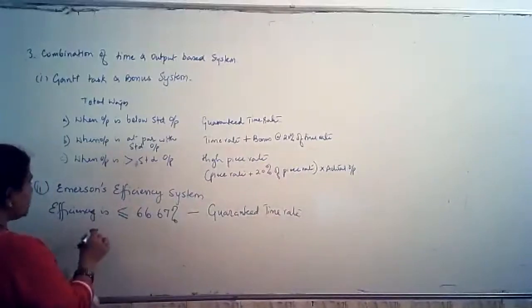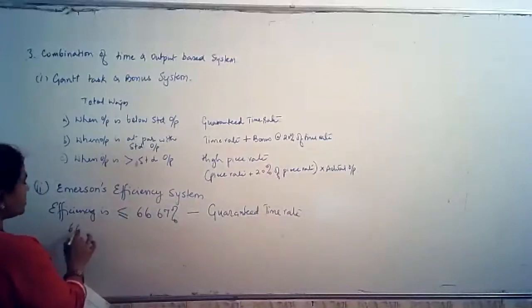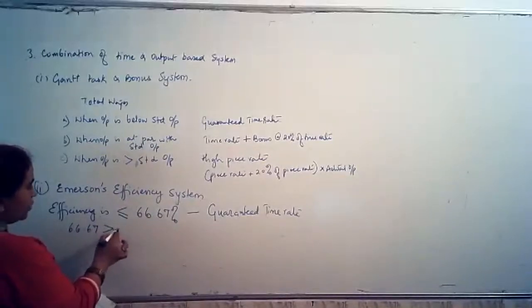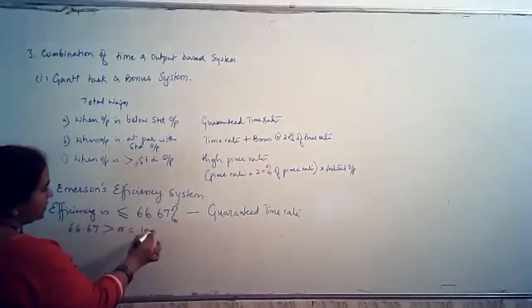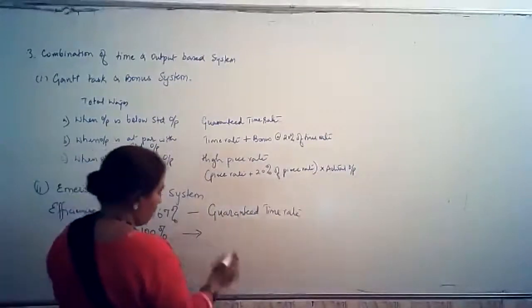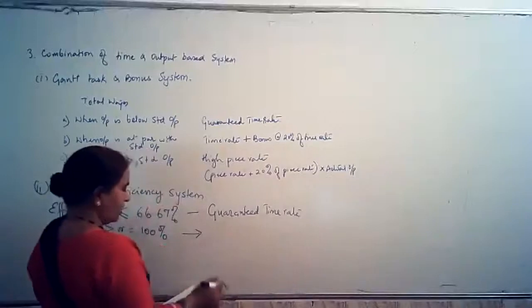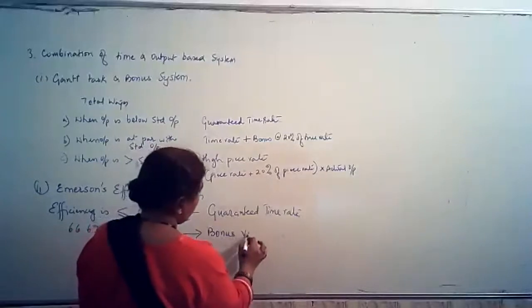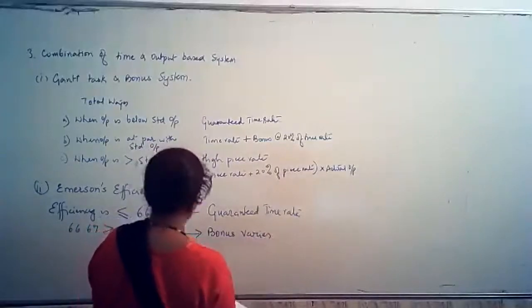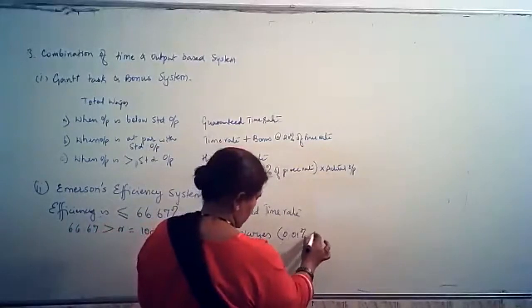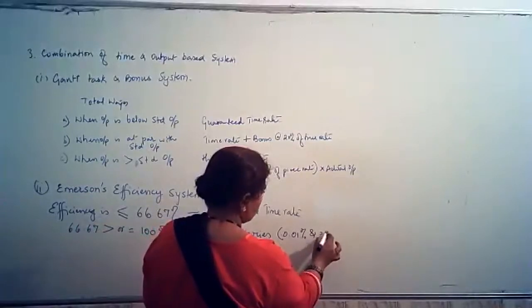So when the efficiency is between 66.67% and 100%, in such a case, the bonus will vary from 0.01% to 20%.